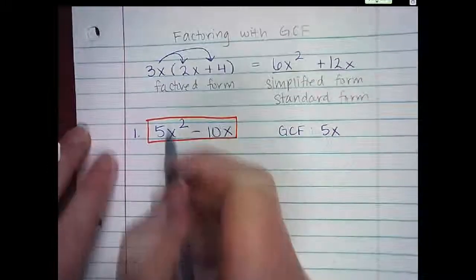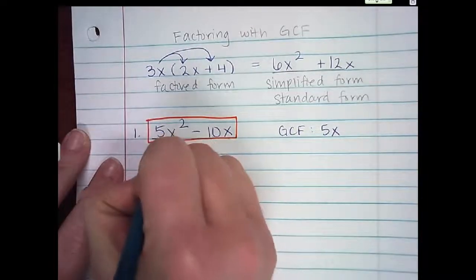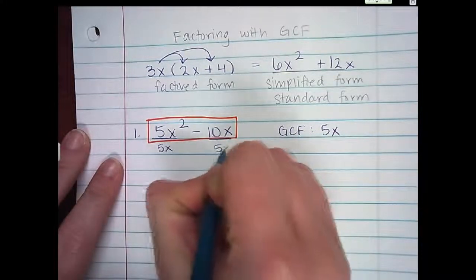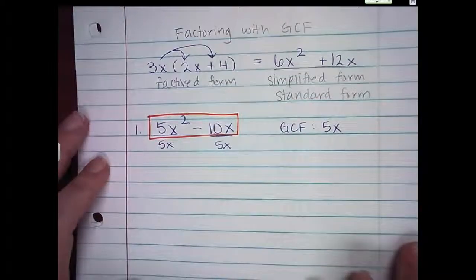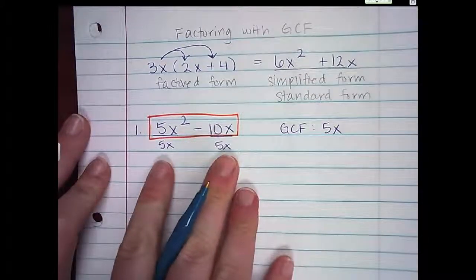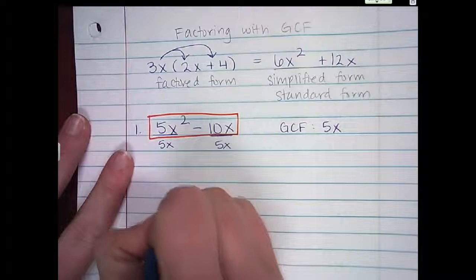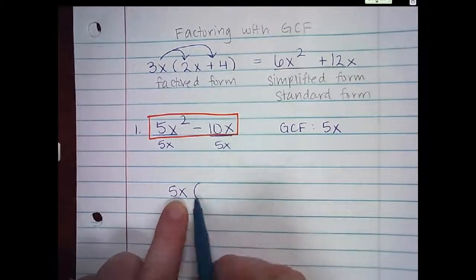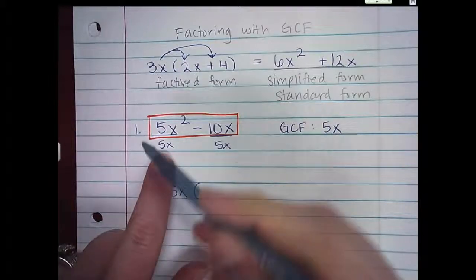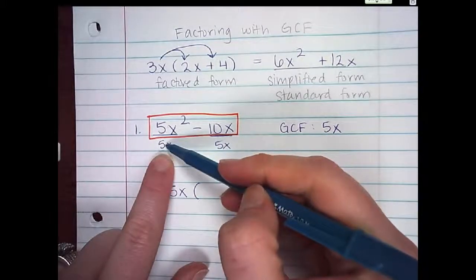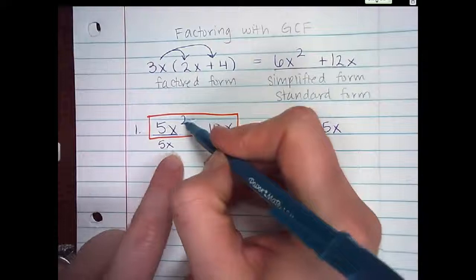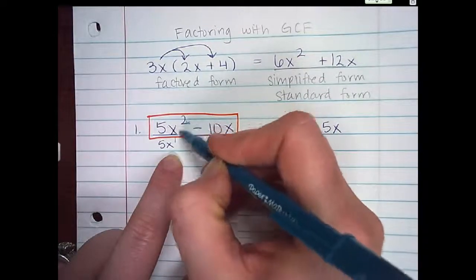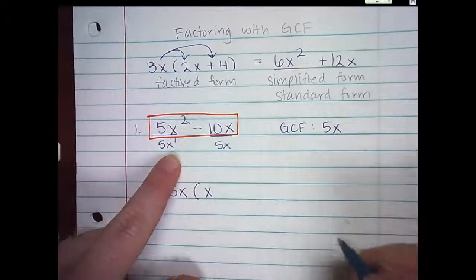Now, I'm going to divide each piece by the GCF. Okay, we've done this before where you divide by a monomial. So the GCF is going to go on the outside. Okay, so there's my GCF, and then I'm going to put a parentheses. And now let's divide here. 5 divided by 5 is 1, so those are gone. X squared over x to the first, I subtract. 2 minus 1 is 1, so I get an x.